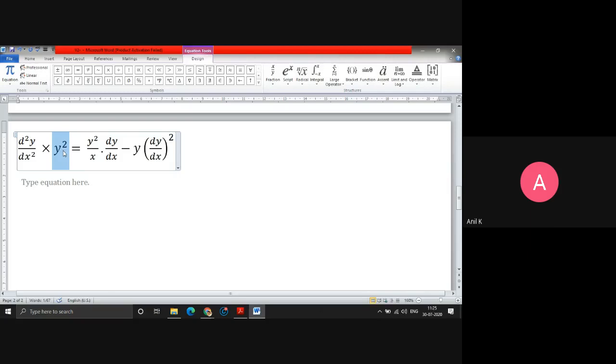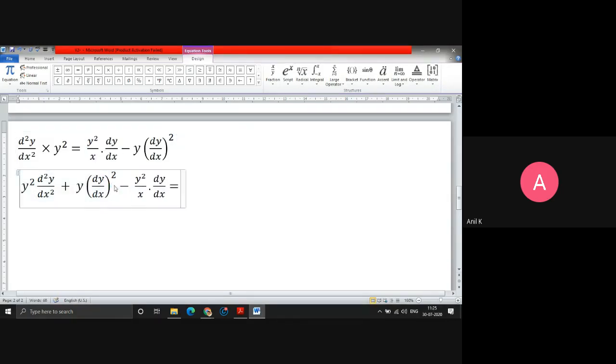Generally y square into d square y by dx square, then I'll bring this term to the right hand side, so minus becomes plus y dy by dx whole square. Then this term comes to the LHS with minus is equal to 0. So that's the final answer.